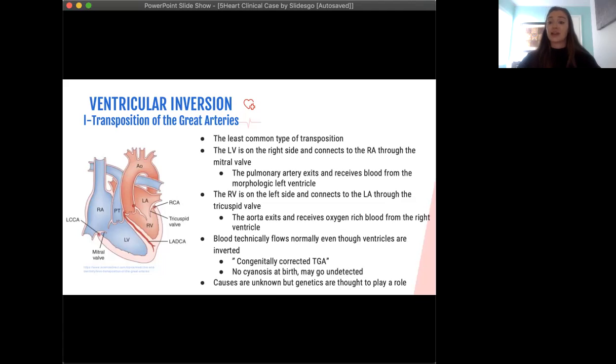It's for this reason that ventricular inversion, specifically this type, is also called congenitally correct TGA. Since the blood flow is normal, there's no cyanosis seen, and this defect may go undetected even into adulthood. The causes are not quite known, but genetics definitely play a role.